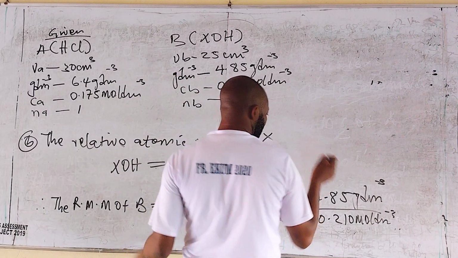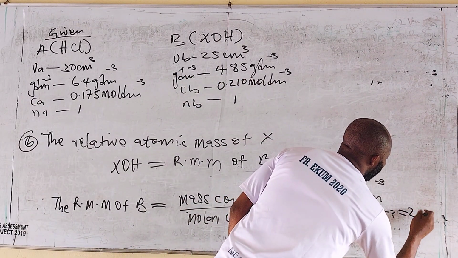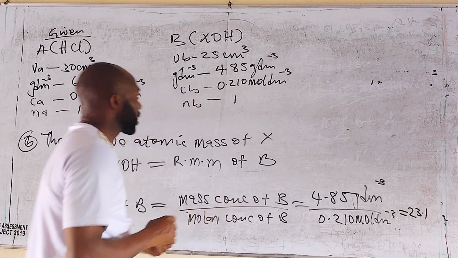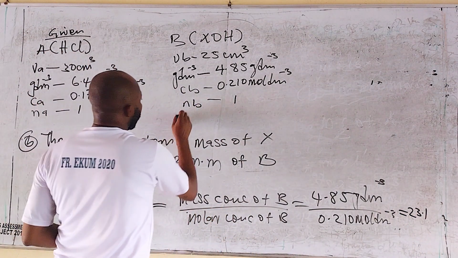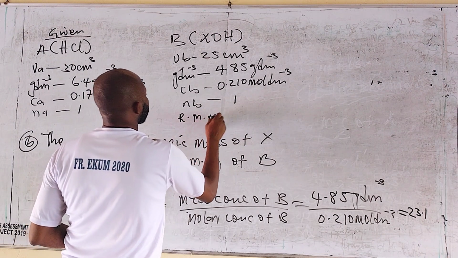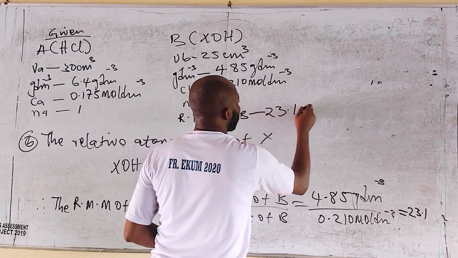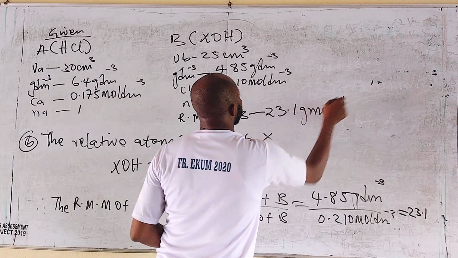So let's call it 23.1 g/mol. So now we have the relative molecular mass of B to be 23.1 g/mol.